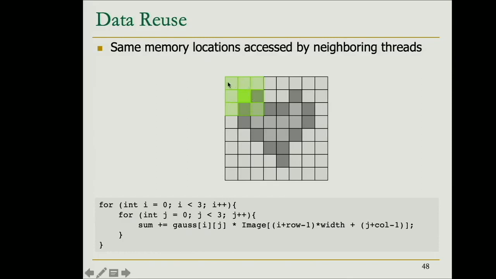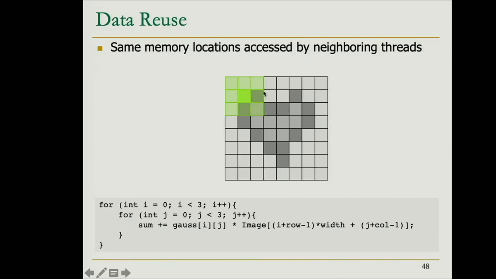But now think about what the computation is. What we are doing here is accessing all these 9 elements: we take the 9 elements from the image, we take the 9 elements from the filter, and then we do the computation. For this pixel here, it's the same thing, but instead of these 9 elements, it's going to be this window of 9 elements here.